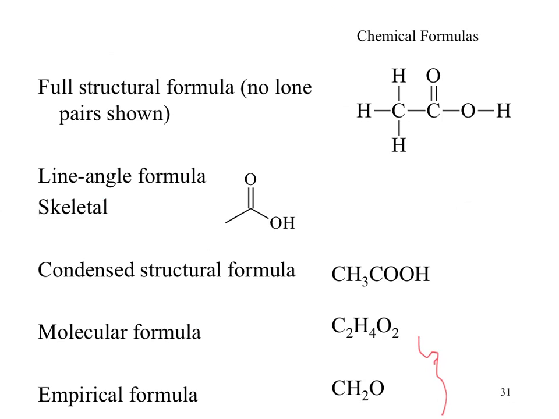Okay, so the last thing that I would go over is the various different kinds of formulas that we will be seeing, and there are some that we are going to follow throughout Organic 1 and Organic 2. So let's connect from what we already know. This molecule that we are going to refer to is acetic acid, and you know that from General Chemistry 1, when you did vinegar, which is a 5% solution of acetic acid in water.